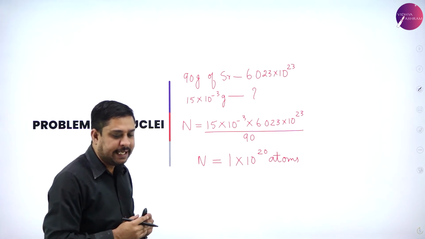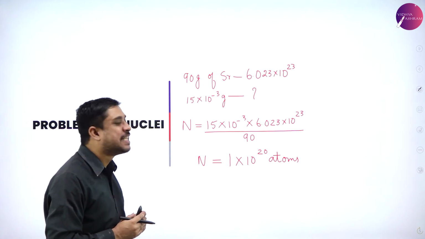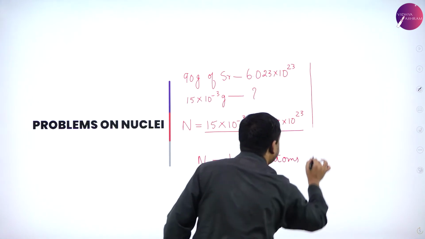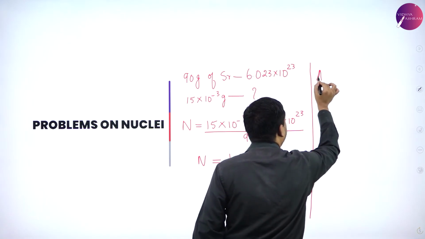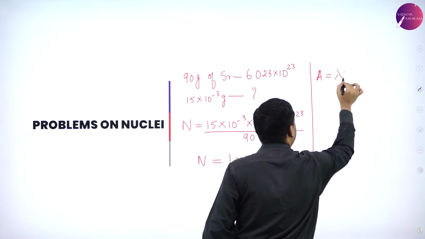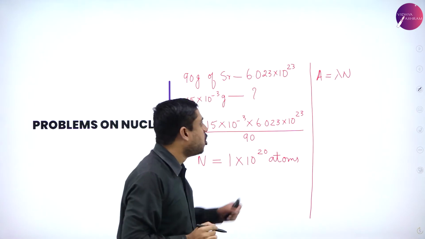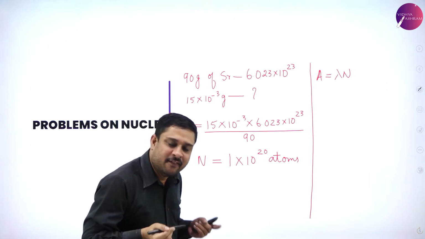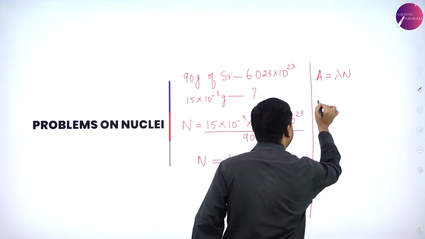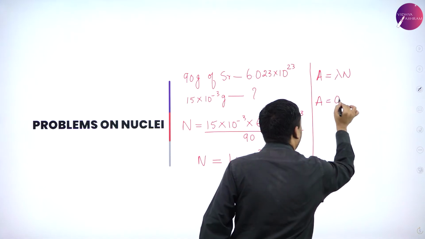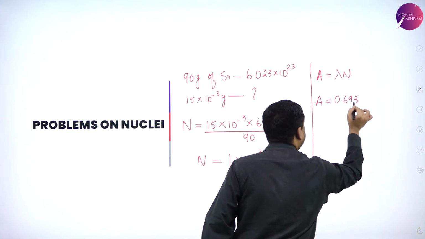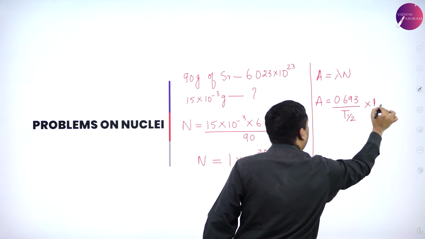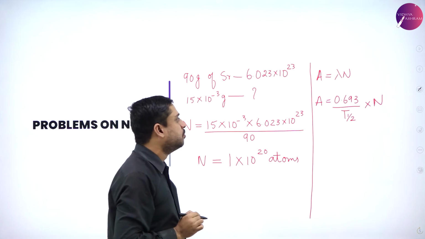Now, how do I proceed? I want rate of disintegration. Rate of disintegration, as I told, is nothing but activity. N is known. Lambda has to be calculated. Very good. Again, this is 0.693 by T half into the number of atoms.